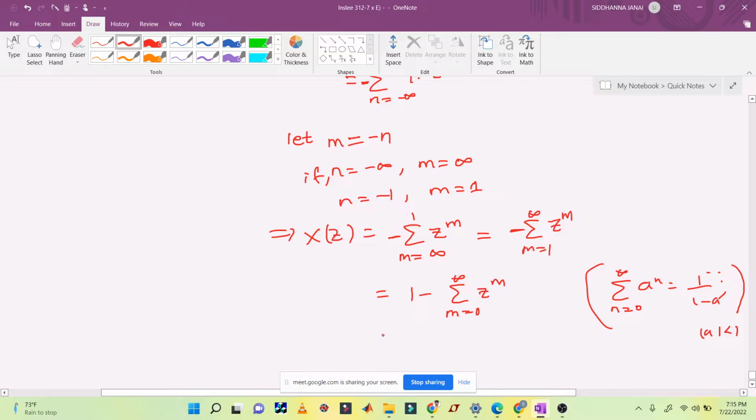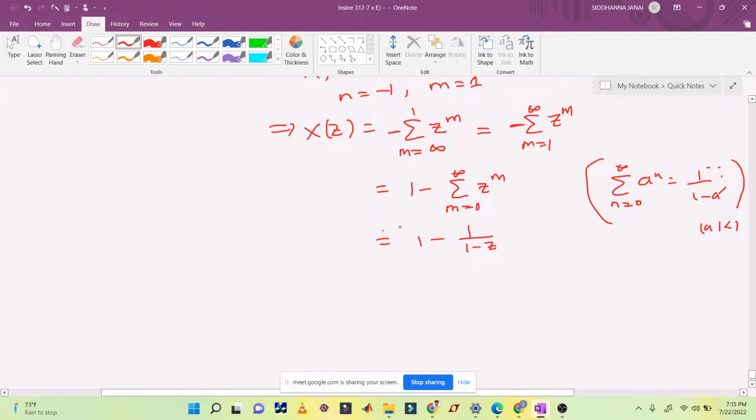So using this we can write 1 minus 1 divided by 1 minus z. Okay, now simplifying this we will get 1 minus z minus 1 divided by 1 minus z.